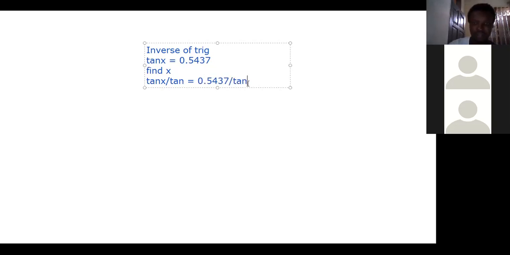Now, tan and tan will cancel. So we are going to get x is equal to 1 all over tan times 0.5437. I hope you also agree with me at that point.